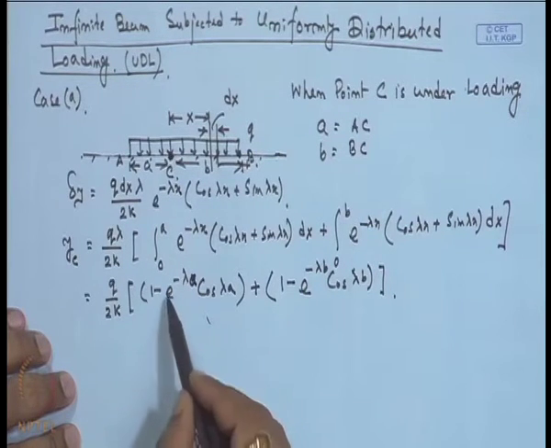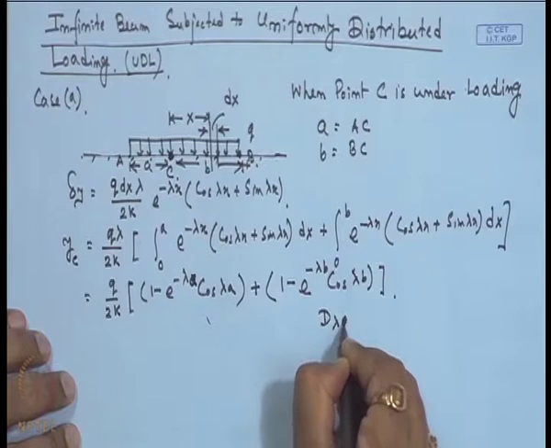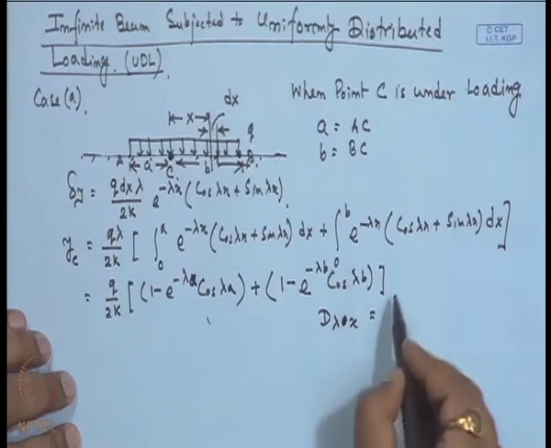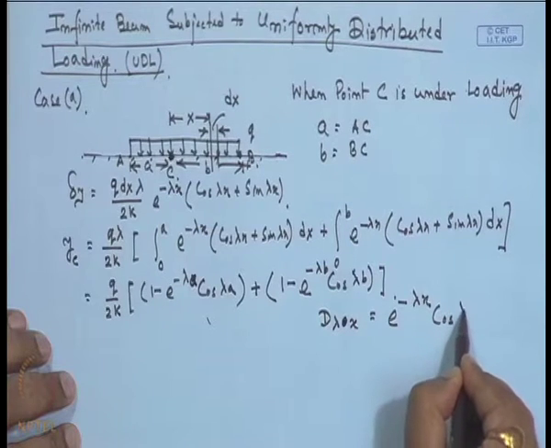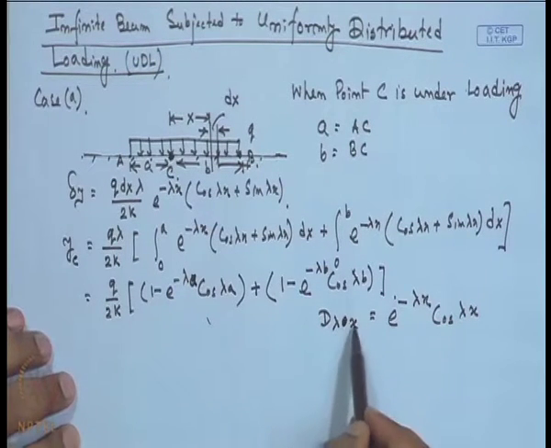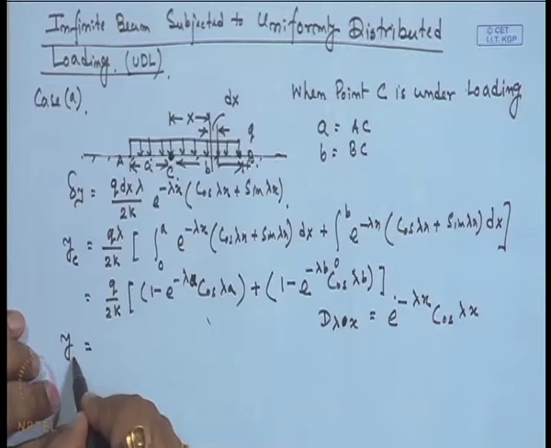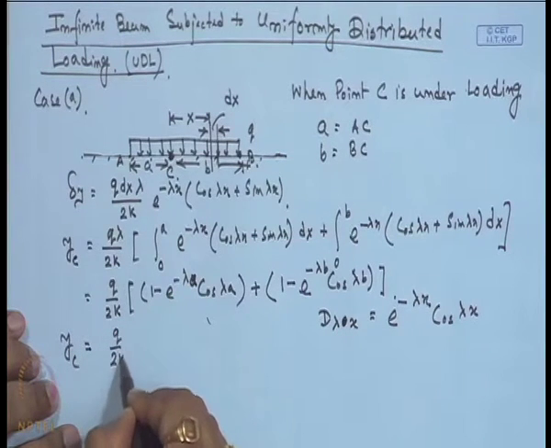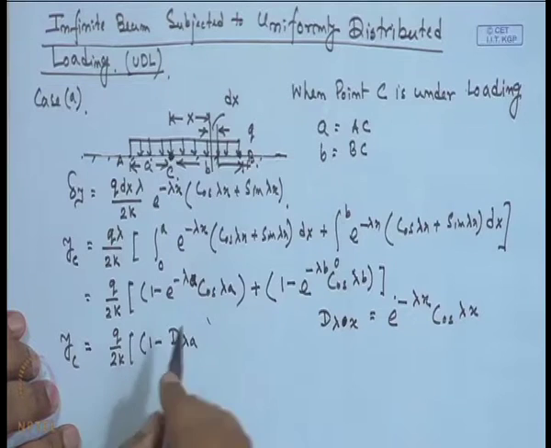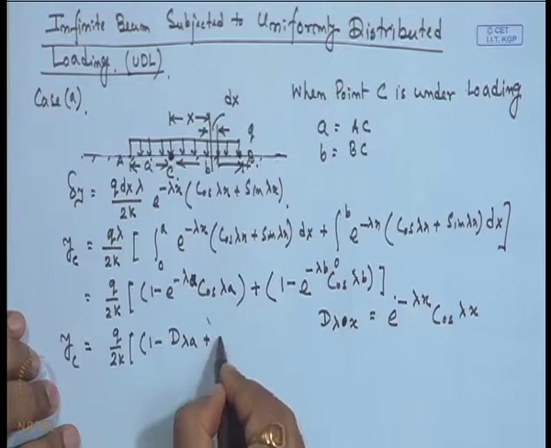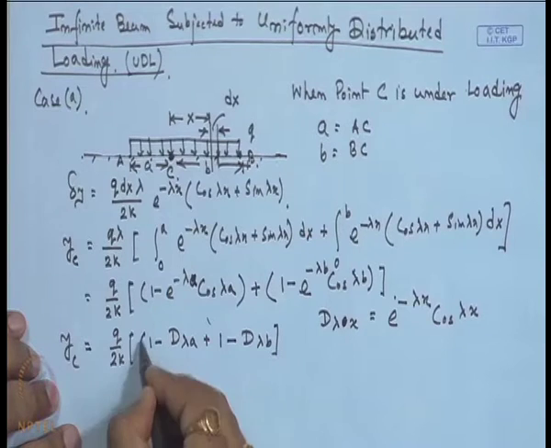Now we know that e to the power minus lambda x into cos lambda x is D lambda x. So, if I replace this x by a or b, then we can write y_c will be q by 2k into 1 minus D lambda a, plus 1 minus D lambda b.